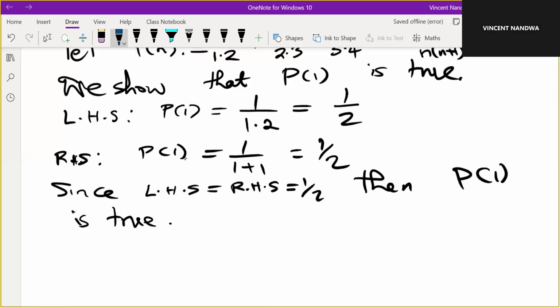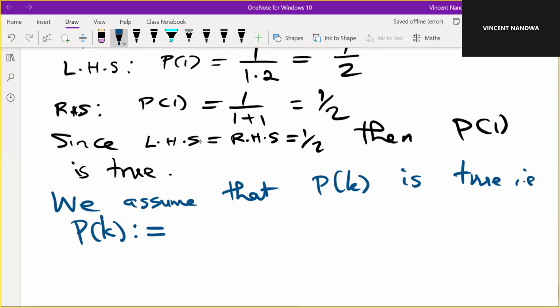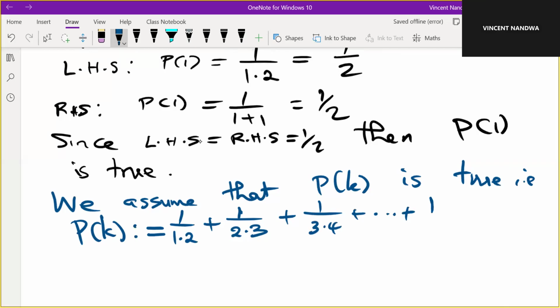Yeah, we assume that P of k is true. So we assume that P of k is true, i.e. P of k will be what? 1 over 1 times 2 plus 1 over 2 times 3 plus 1 over 3 times 4 plus up to 1 over k into k plus 1 is true, okay?